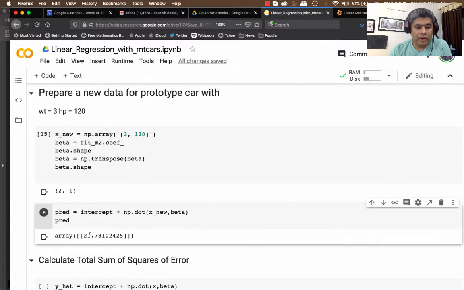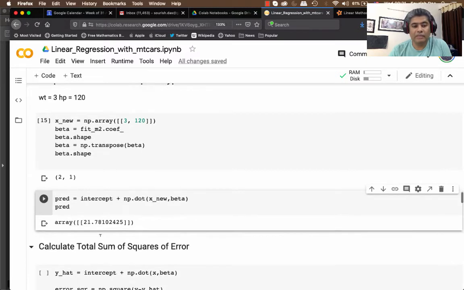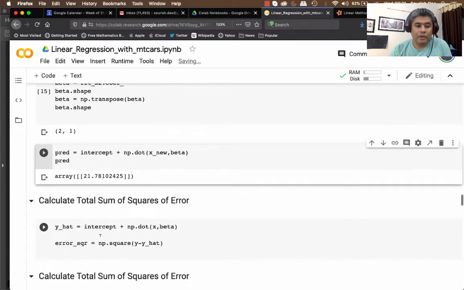It predicts that for the new prototype car, if the weight is 3 ton and horsepower is 120, then the predicted miles per gallon will be 21.78 miles per gallon.